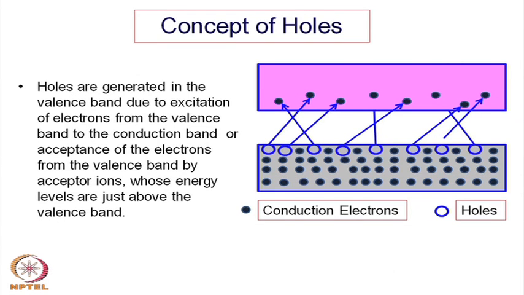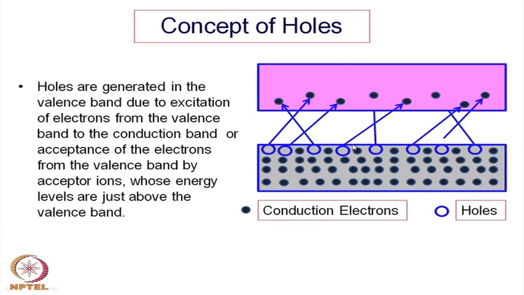This is the valency band, because the holes will always be created in the valency band, not in the conduction band. The conduction band will always give rise to electronic charge carriers, the free electrons. So, the acceptance of the electrons from the valency band by the acceptor ions whose energy levels are just above the valency band.